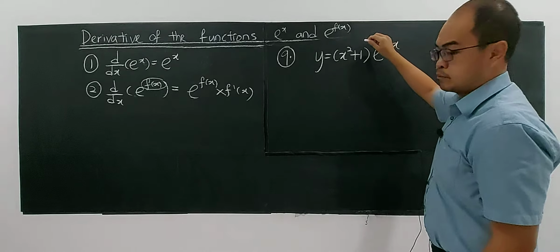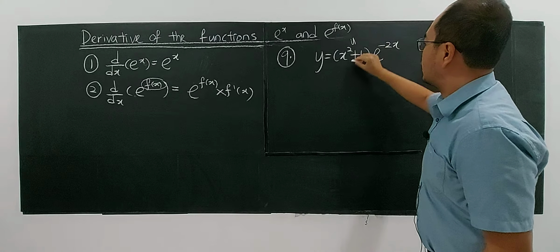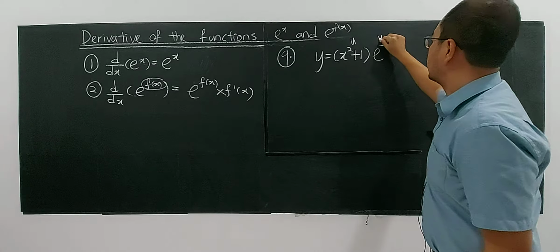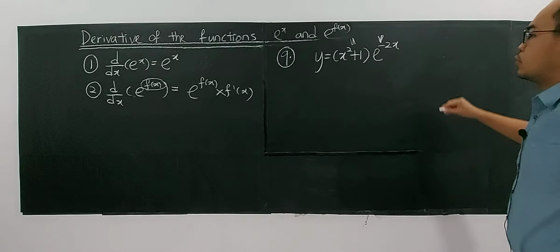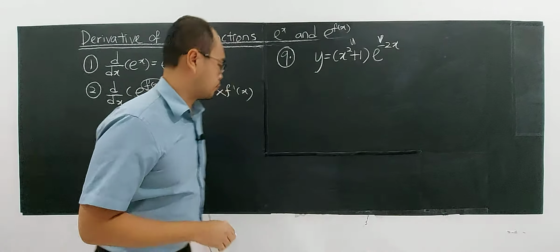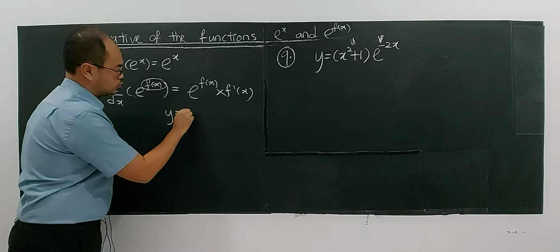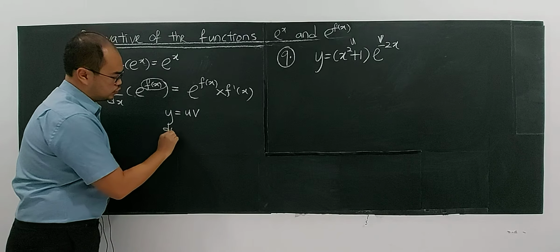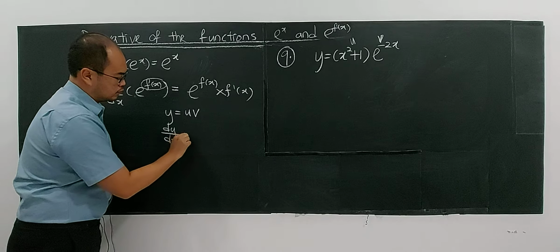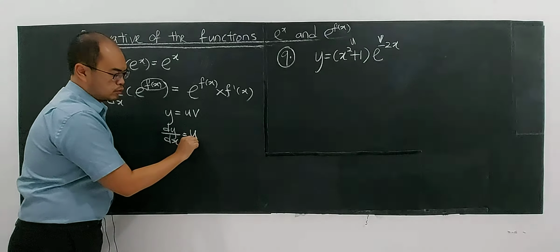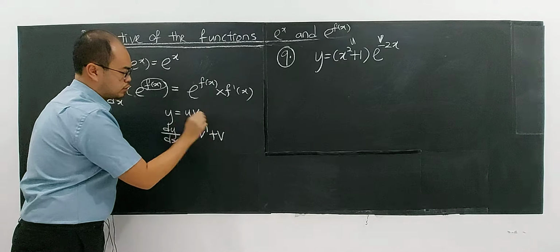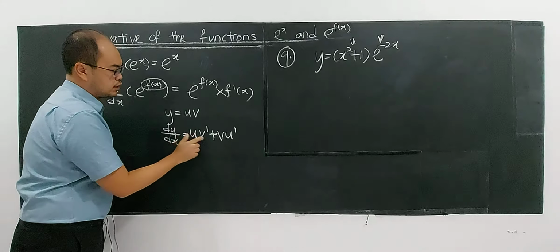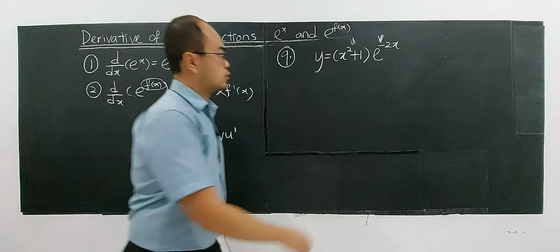The product rule here means that this is your u, and this is your v, the formula of uv. You know that the formula for the product rule, y equals uv, you differentiate, it will take turns: u v prime plus v u prime.